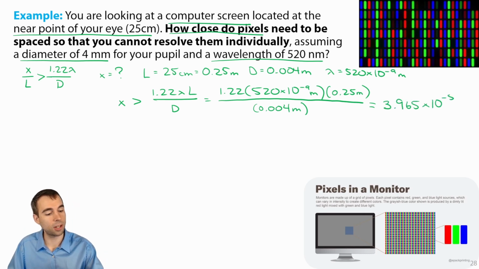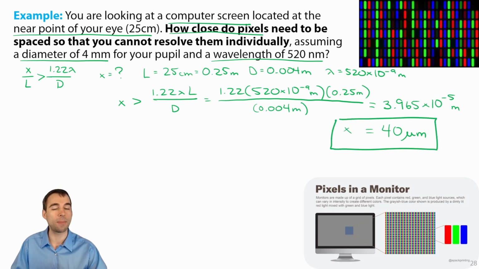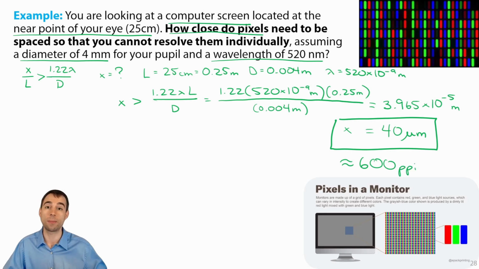So here we get a result of 3.965 times 10 to the negative 5 meters, or maybe something somewhere around 40 micrometers. That would be how far apart our pixels need to be before we can actually distinguish them. So we want them to be closer together than that number. And that means that we need somewhere around 600 pixels per inch in our computer screen.